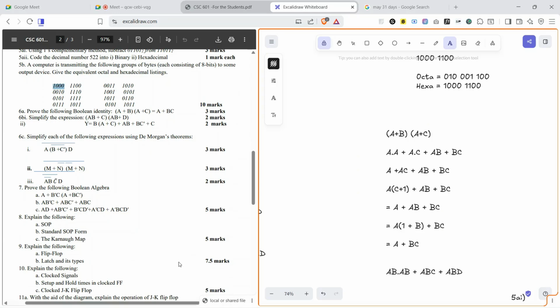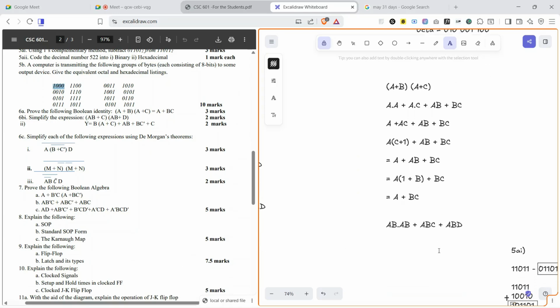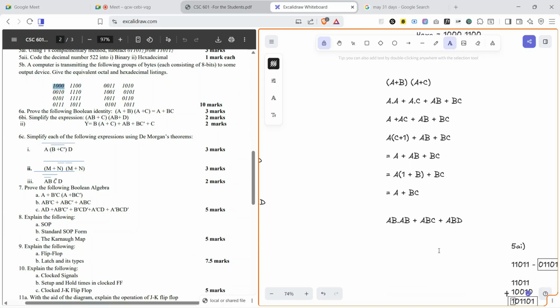So AB dot AB is AB, just like A dot A. A dot A is A. So this is AB plus ABC plus ABD.